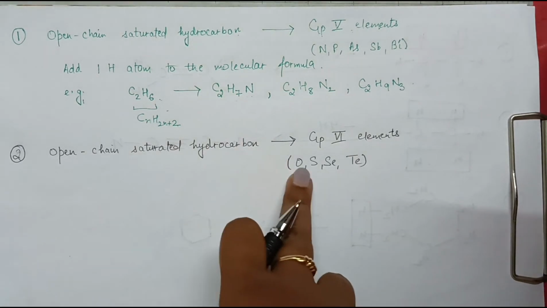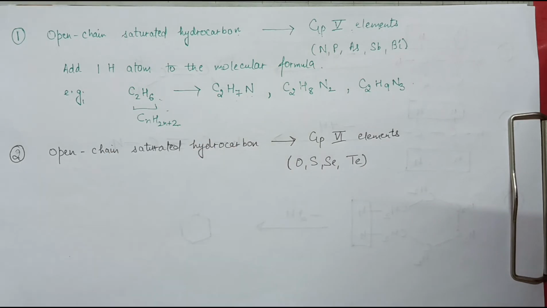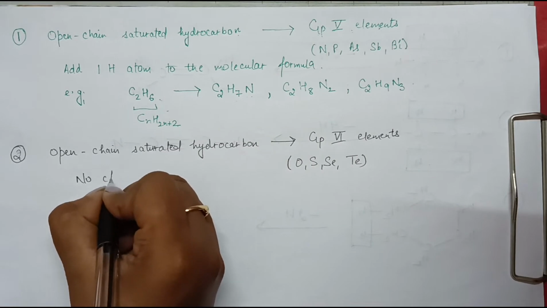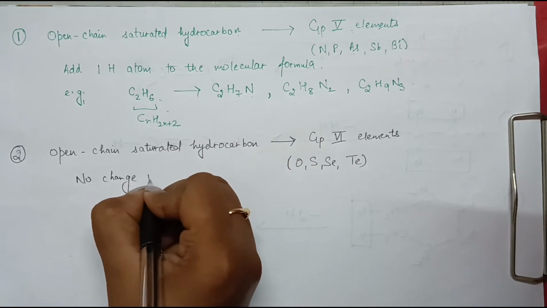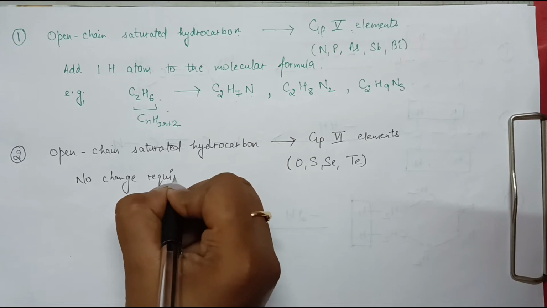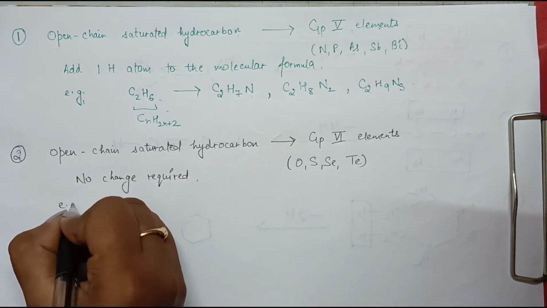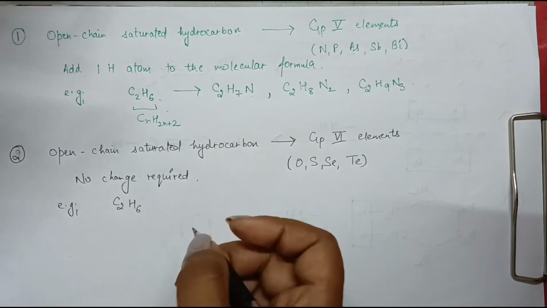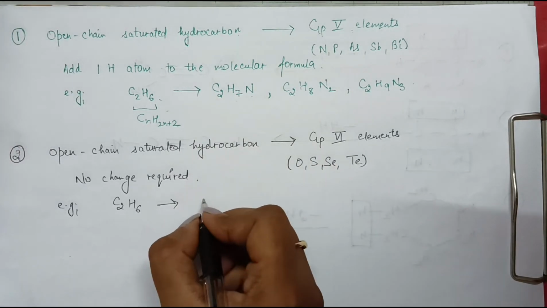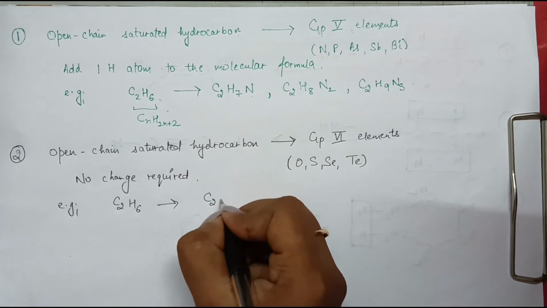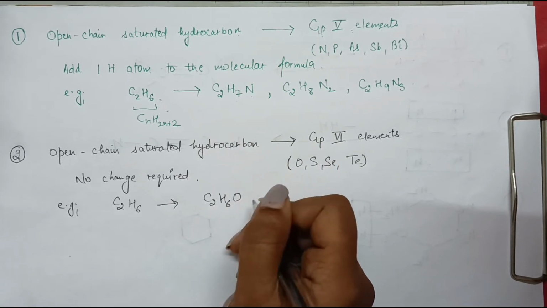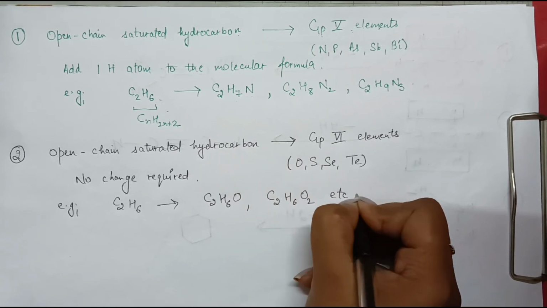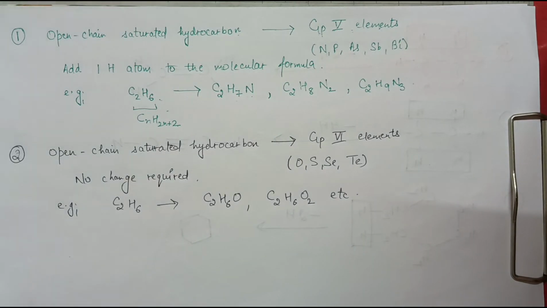If we want to add any of these atoms, there will be no change in the hydrogen number required. So for example, if we have again C2H6, we can simply add any of these group elements, like C2H6O, C2H6O2, etc. No changes required.